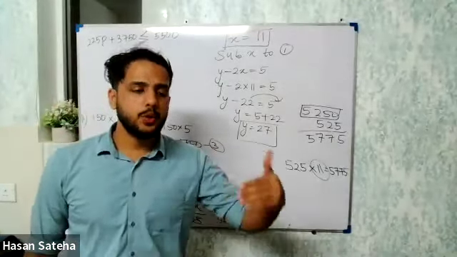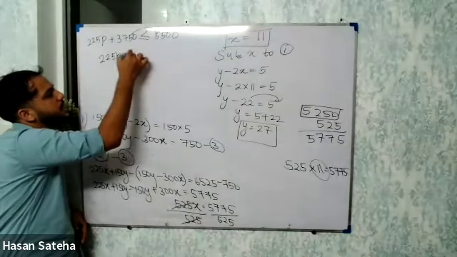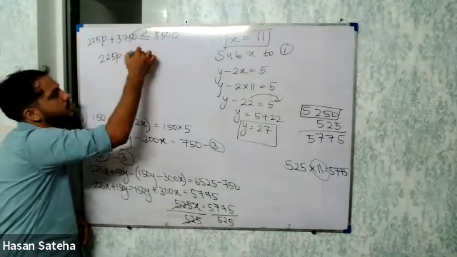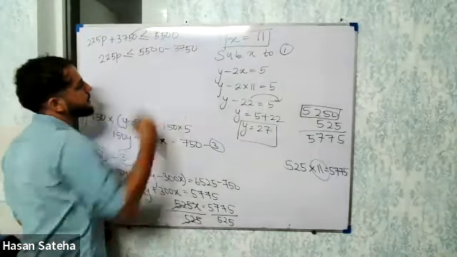Now we have to find the value of p. Keep the p on one side, take all the values to the other side. We start with 3750, take it to the other side. So you have 225p less than or equal to 5500 minus 3750.